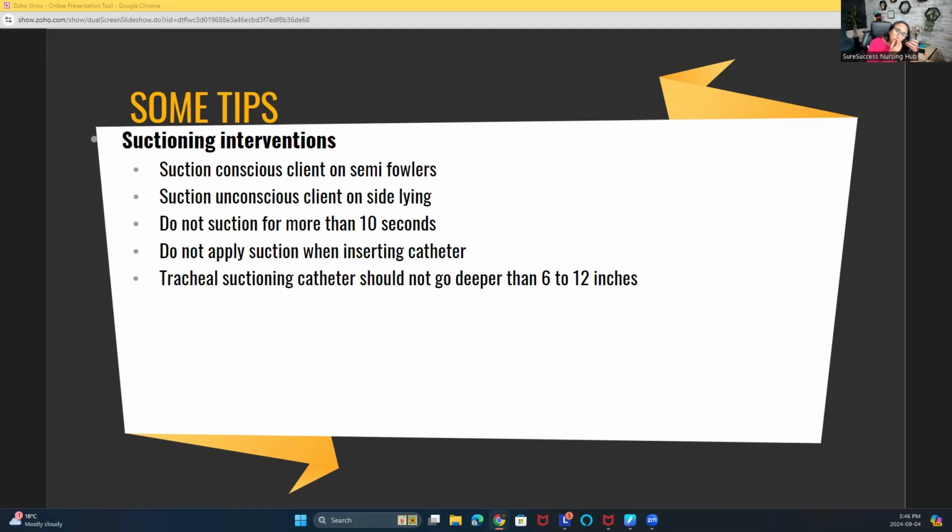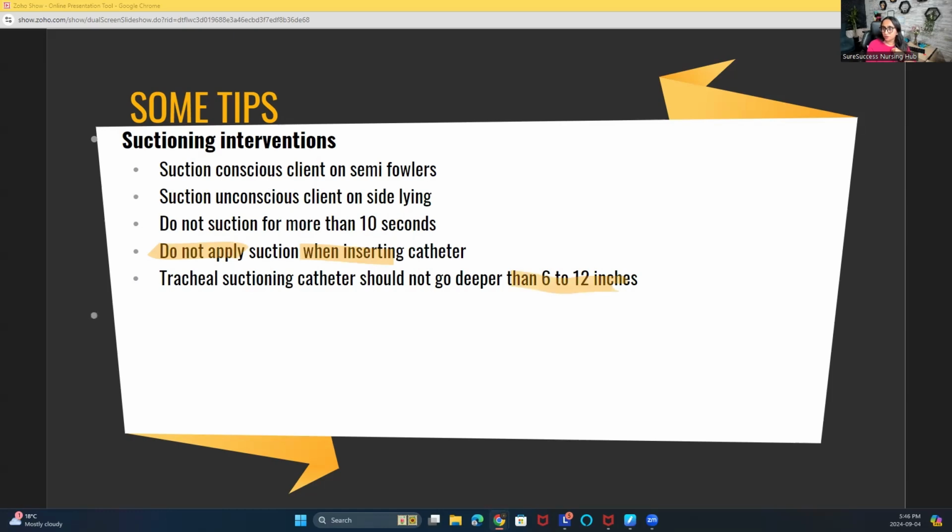In case he chokes, the secretion will come out. Do not suction for more than 10 seconds. And this one is very important: do not apply the suction when you are inserting the catheter. And the tracheal suction catheter should not go deeper. How deep should you go? Not more than 6 to 12 inches.